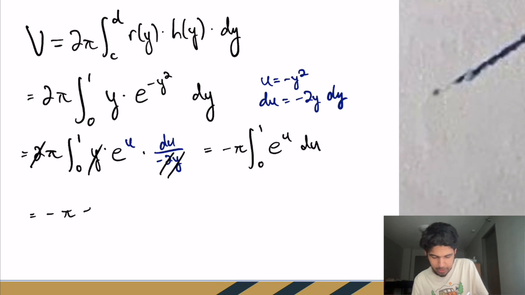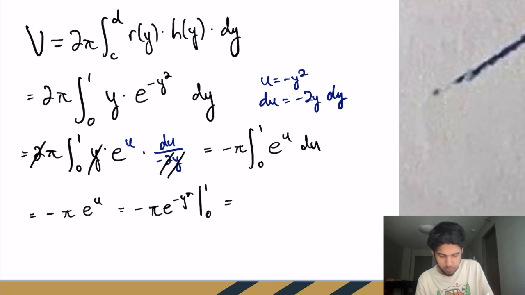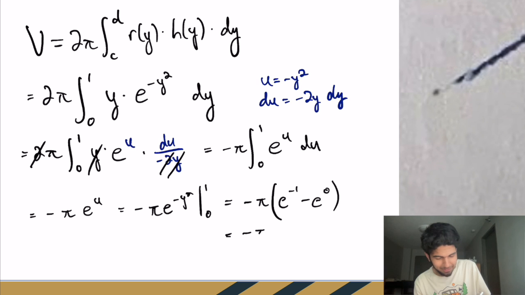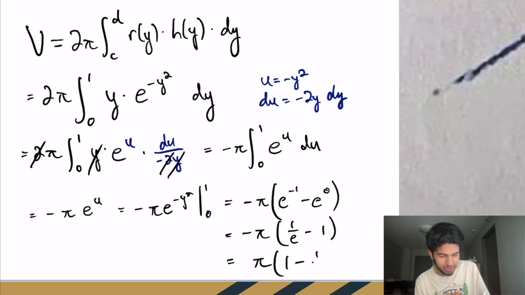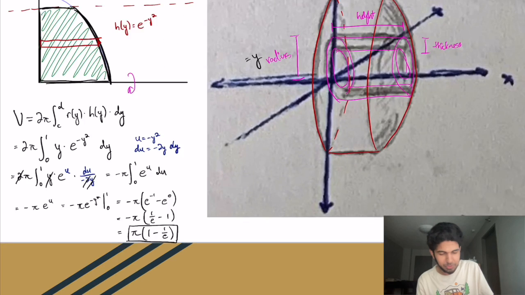So this is negative pi e to the u, which is equal to negative pi e to the negative y squared, evaluated from 0 to 1, which is equal to negative pi times e to the negative 1 minus e to the 0. That is equal to negative pi times (1 over e minus 1), or pi times (1 minus 1 over e). And that is our volume.